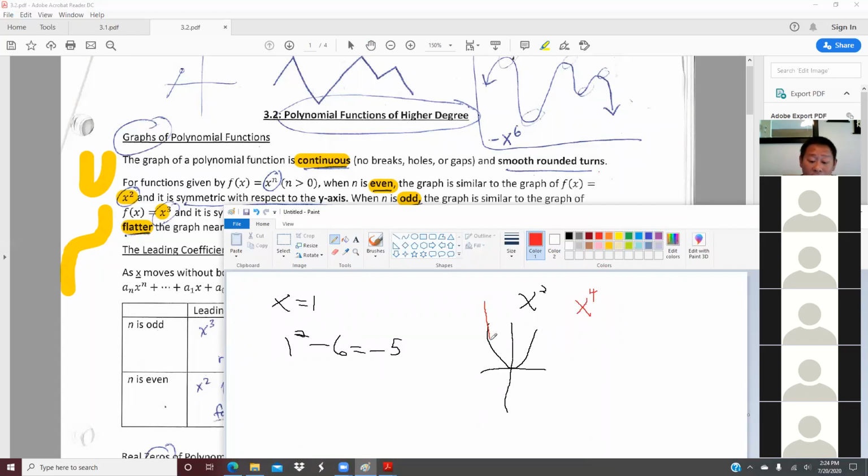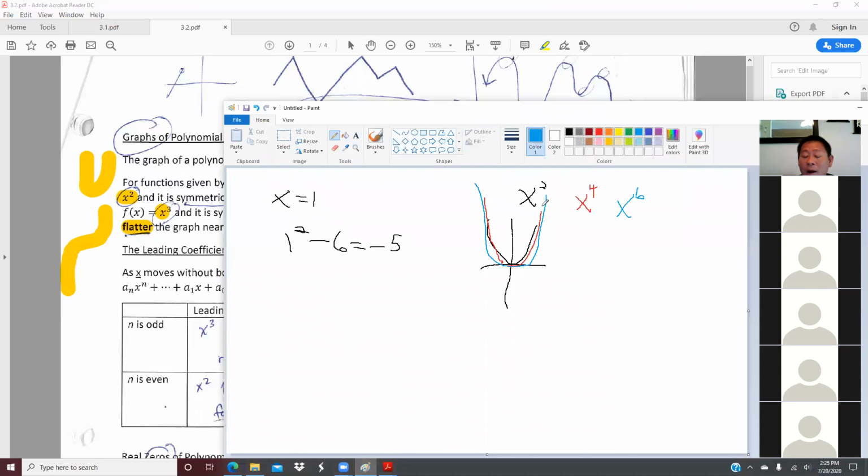X to the 4 is also a parabola, but it's flatter down on the vertex. And what happens if you want to do x to the 6? It's also a parabola, it's even flatter there. So this is what happens when you have a parabola with higher power, a polynomial with a higher power.